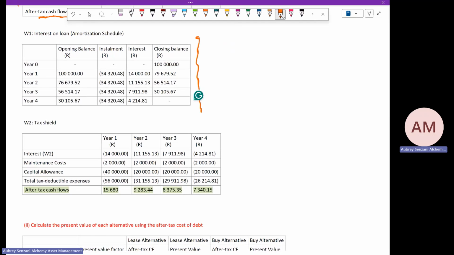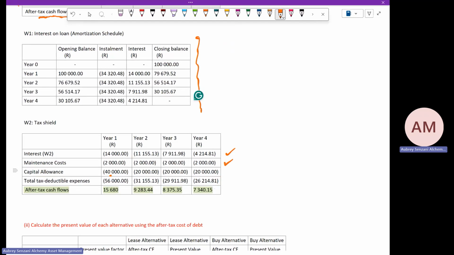Okay, right. So once you have that, now we say, okay, we need to calculate our tax shield. Our interest for each year, copy and paste from the amortization schedule. And then we have our maintenance costs, which we can also deduct on tax. Then they told us that we have a tax allowance deduction, 40% in the first year.